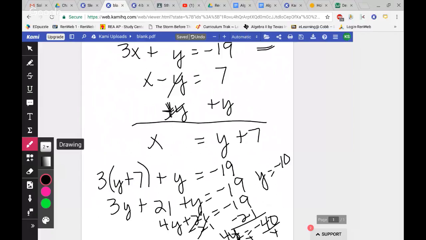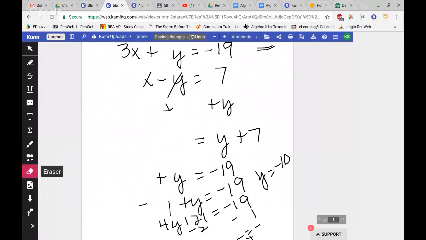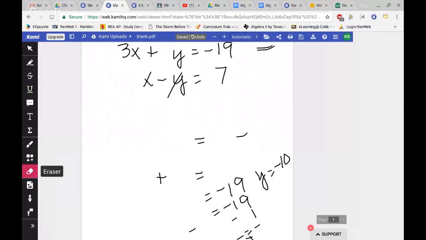Yes. Okay. So then I'll take this y equals negative 10, and I'm going to substitute it back in to one of the equations. Do you get x equals negative 3?